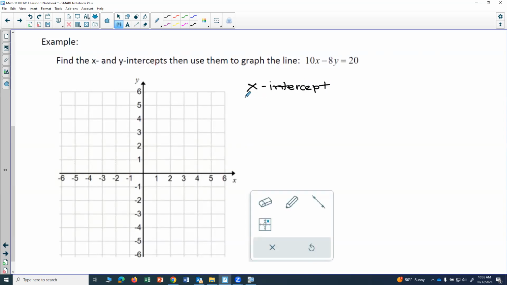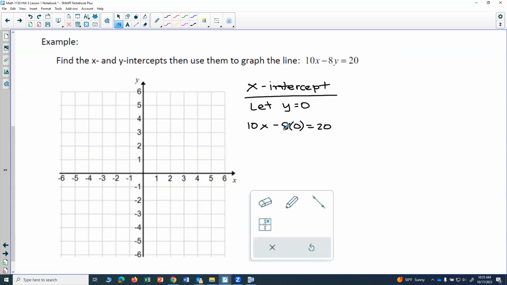To do the X-intercept, I'm going to let Y equal 0. So I will have 10x minus 8 times 0, because the y is 0, equals 20.